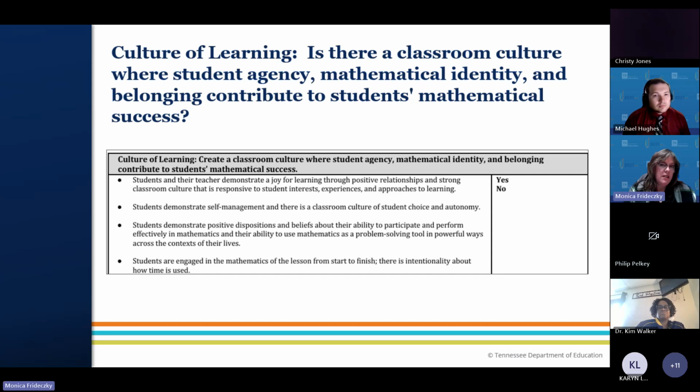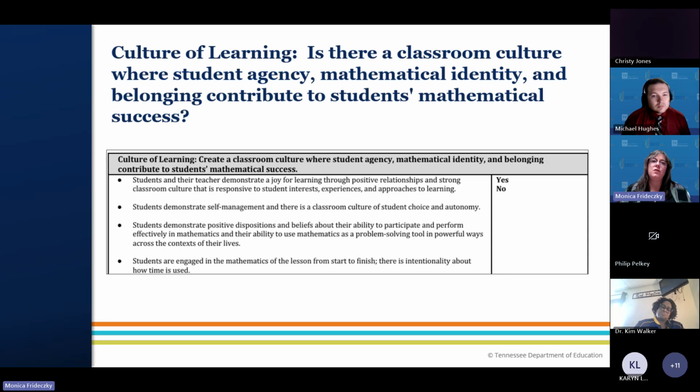The big question here is also: does everybody really believe that all students can do math? That opens up a big dialogue for personal reflection, but this is the essence of the culture of learning. Culture is a little different, but it is included in learning environments.